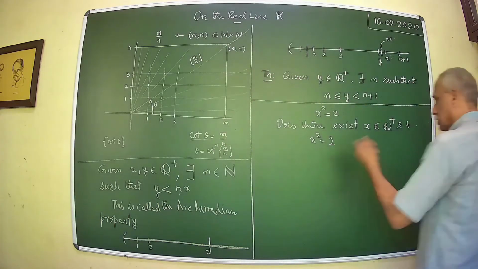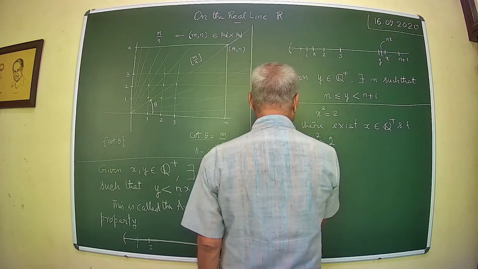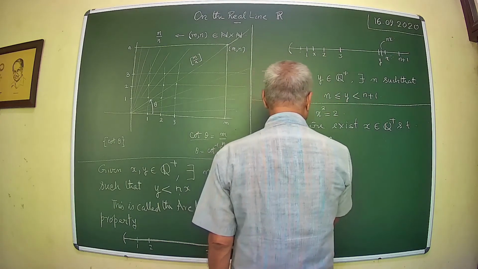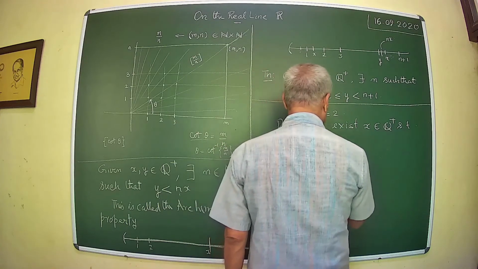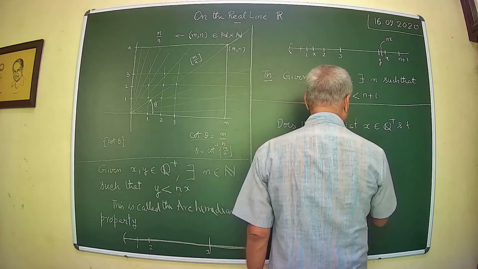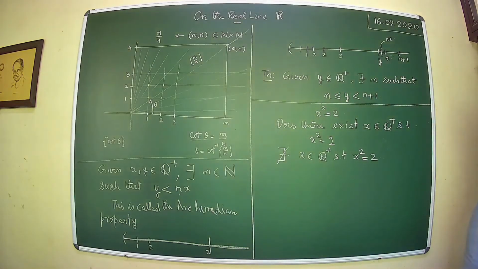Now the answer to this question is that there does not exist x belonging to Q plus such that x squared equal to 2. In fact, there are many numbers like this.